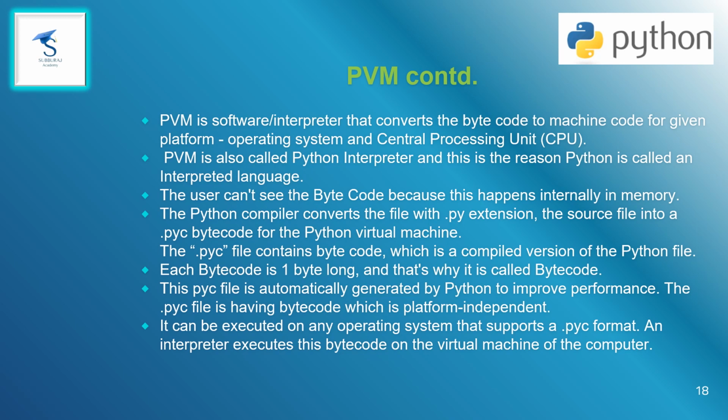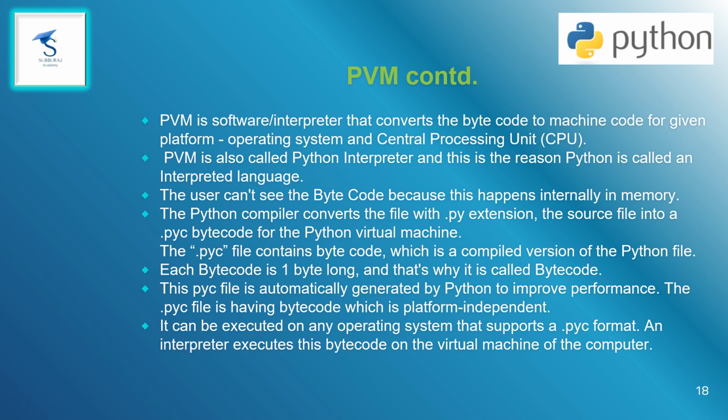So we have said the PVM is software. We call it the interpreter also. We convert bytecode to machine code for a given platform, operating system, and CPU. The user can't see bytecode. In fact, you can't see bytecode even if you try. It's hidden from the user.